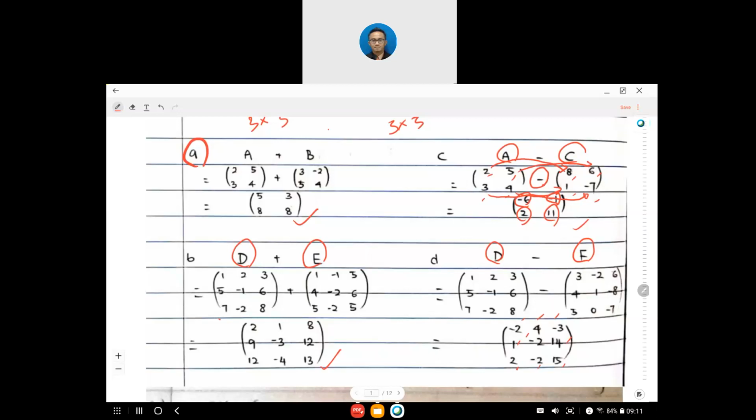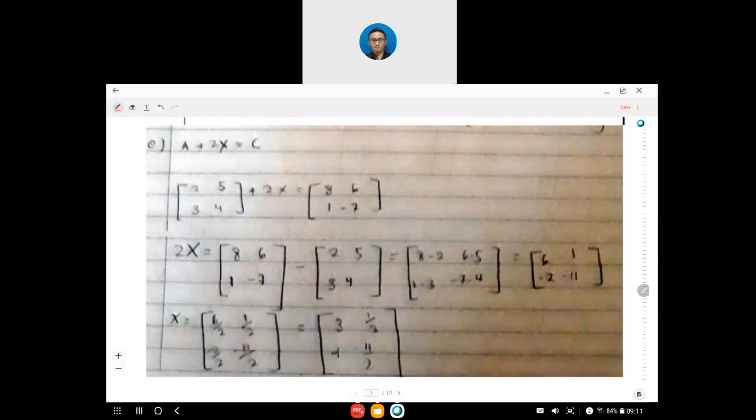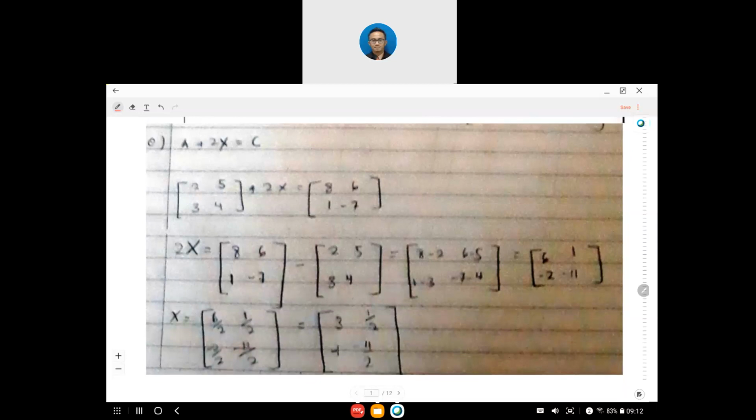Okay, now look at the next one, question E. Look at question E: A plus 2x equal to C, and you want to find matrix X. So we have matrix A, which is 2, 5, 3, 4, plus 2x equal to C. To find matrix X, this matrix A goes to the right hand side, so it becomes 2x equal to 8, 6, 1, negative 7 minus 2, 5, 3, 4.